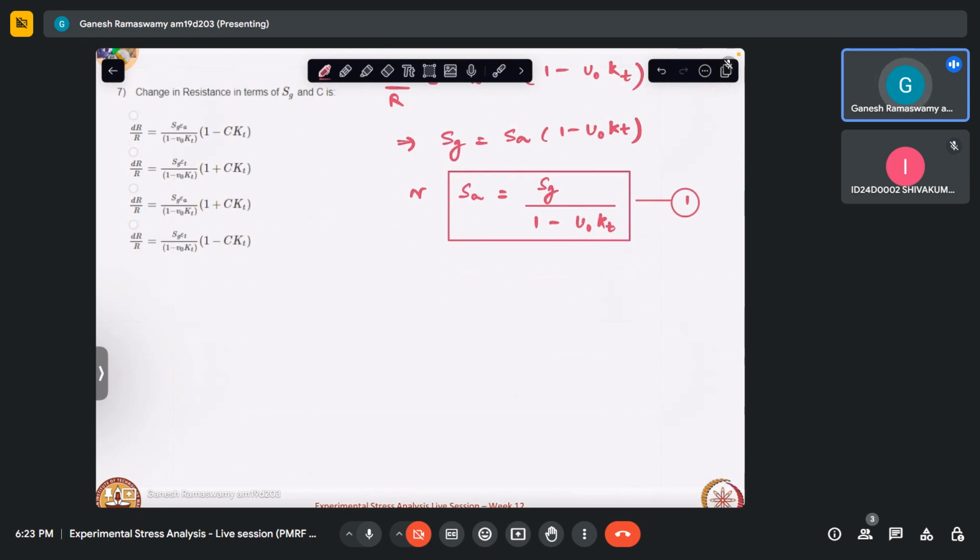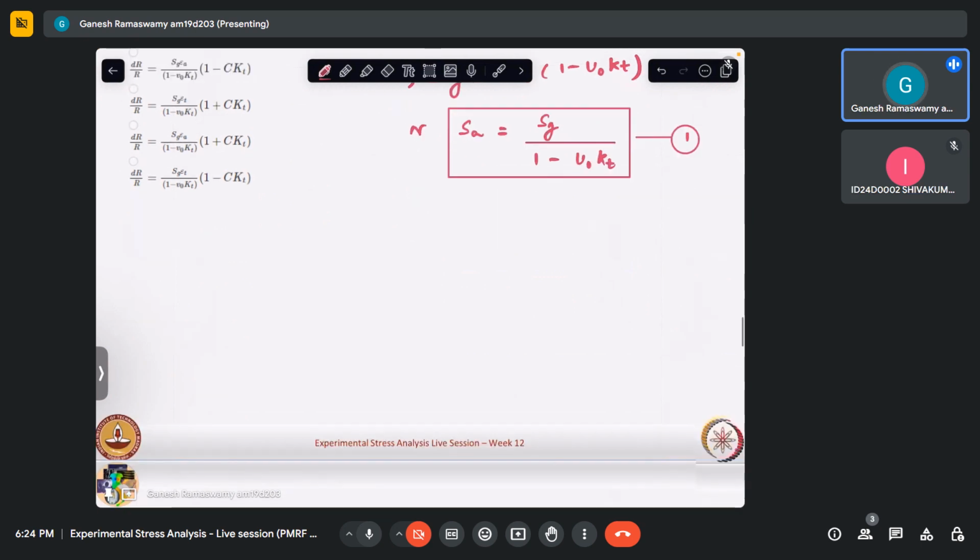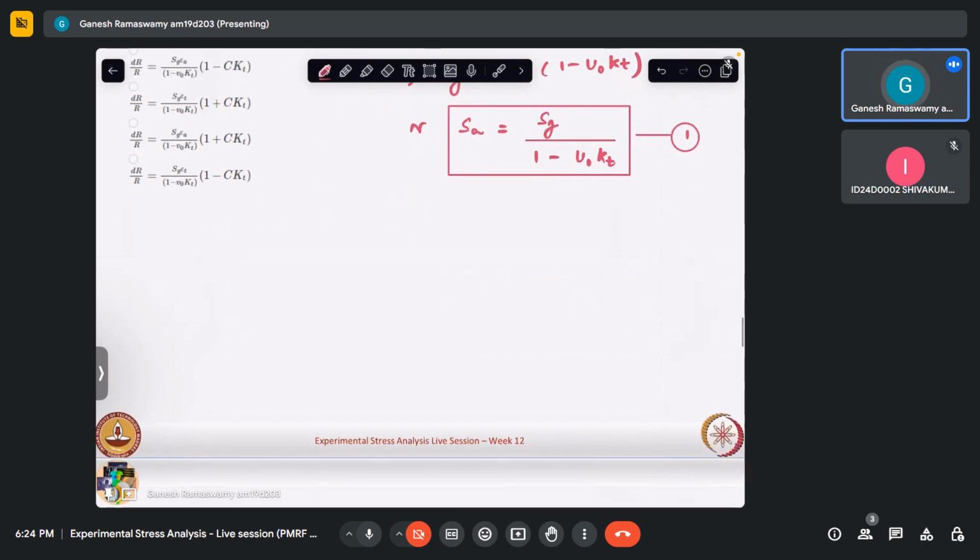Now in general when we make measurements using a strain gauge, it will essentially be having the transverse sensitivity effect embedded in it. So for this reason we define the apparent strain as what is read from the strain gauge instrumentation.